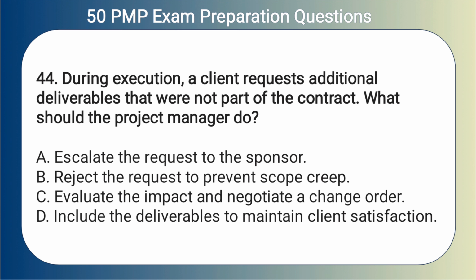44. During execution, a client requests additional deliverables that were not part of the contract. What should the project manager do? A. Escalate the request to the sponsor. B. Reject the request to prevent scope creep. C. Evaluate the impact and negotiate a change order.